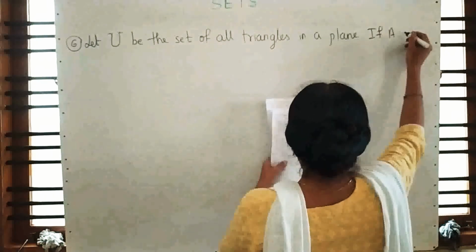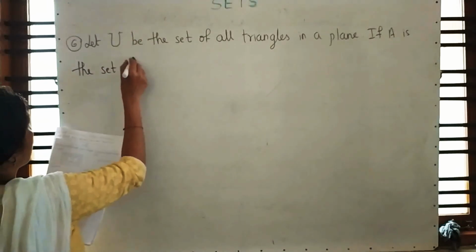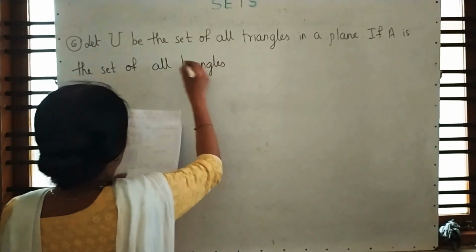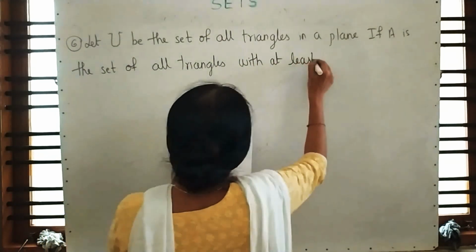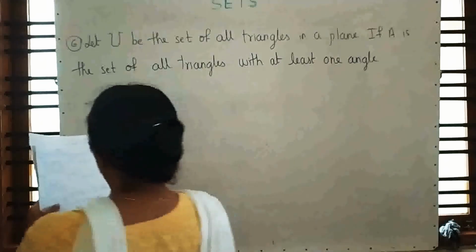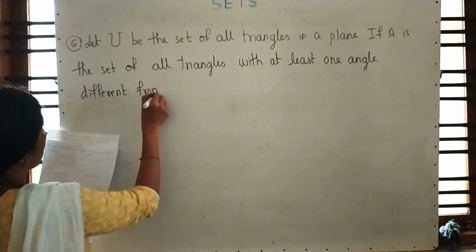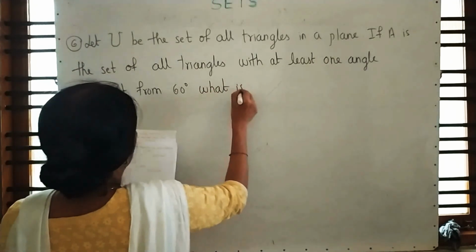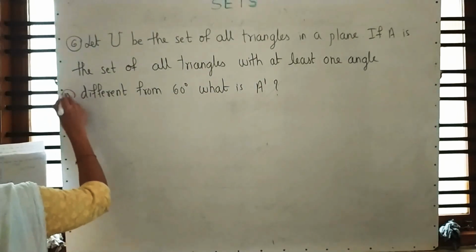Universal set. If A is the set of all triangles with at least one angle different from 60 degree, what is its complement? So this is again an assignment question.